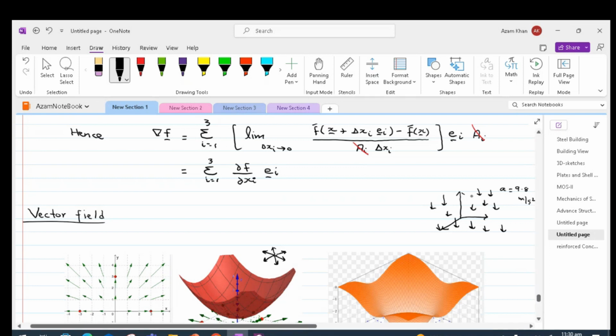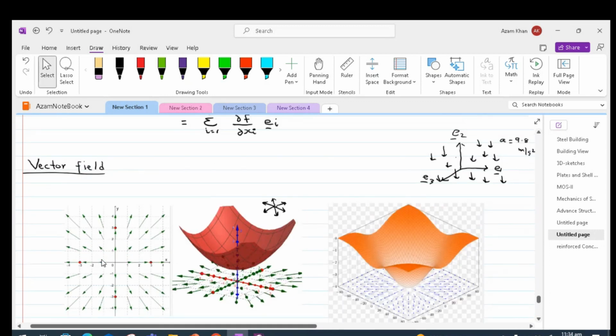All the vectors are of the same size because acceleration due to gravity on the Earth stays the same. In most places, acceleration due to gravity is constant, and we will have a set of arrows within this space, every one facing down, and all the vectors having the same magnitude. Now we can study the effect of movement of a body within this gravitational field. So this is our E1, E2, and E3 space.